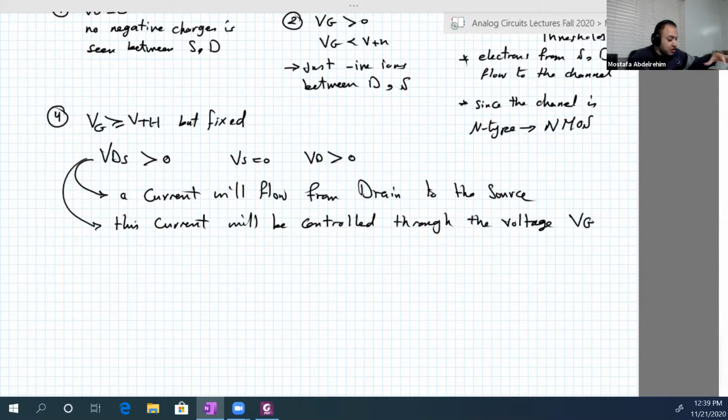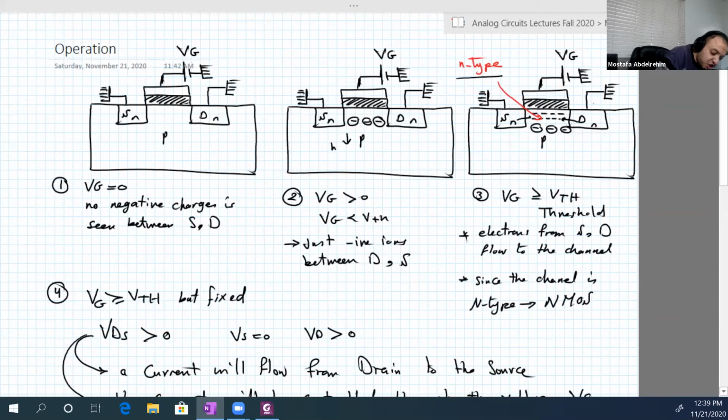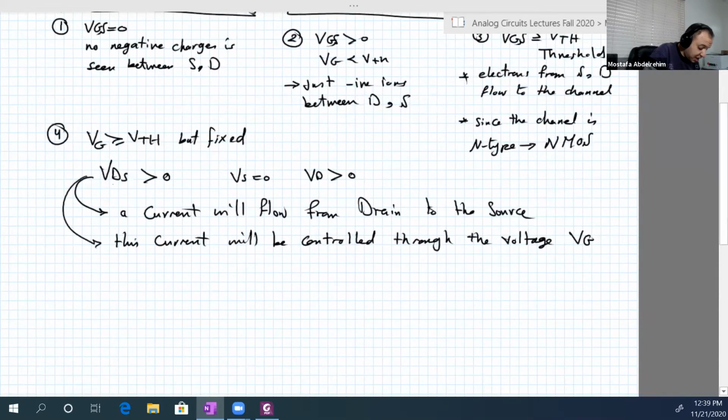So usually put the source at a lower voltage and relate everything to the source. So from now on, this is not just Vg, we will call it VGS. And we did this already here with VDS. So this is also VGS. Okay.